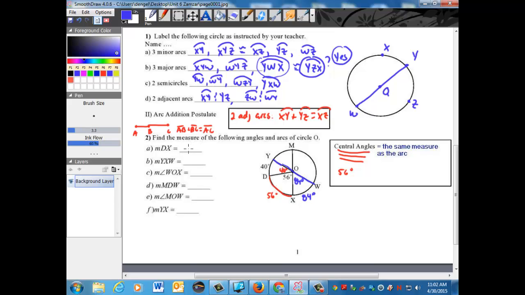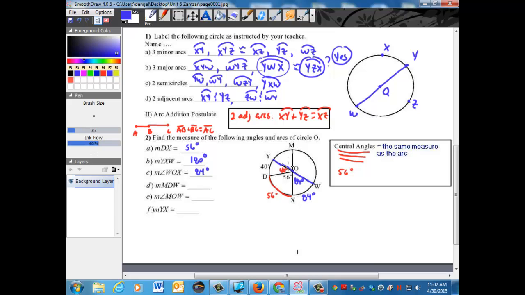Alright, so measure of arc DX was 56 degrees. They want to know the measure of YXW, that's 180 degrees. Measure of WOX, that's going to be 84 degrees. Measure of MDW.